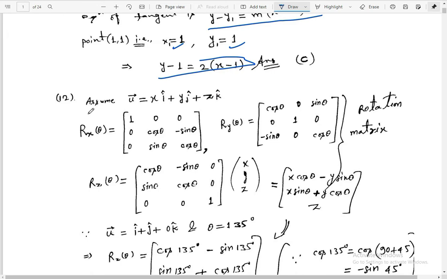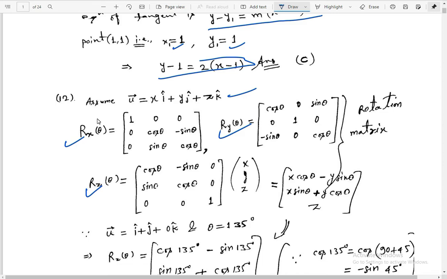Let's assume u equal to x plus y plus z. According to the rotation matrix, Rx is equal to, this is the formula actually, 1 0 0, 0 cos theta minus sin theta, 0 sin theta cos theta for Rx. For Ry equal to this equation, and for Rz equal to this equation.